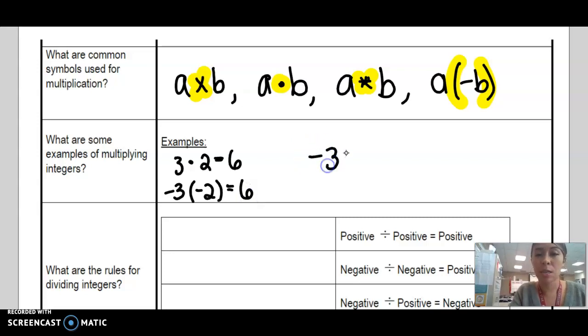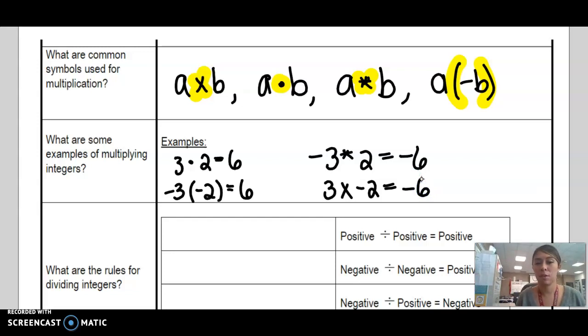Negative 3, I'm going to use a star. That is going to be multiplied to 2. And that should be a negative answer. And then let's say I multiply 3 with a negative 2, the answer should also be negative.